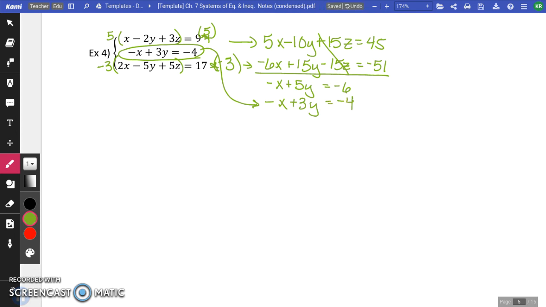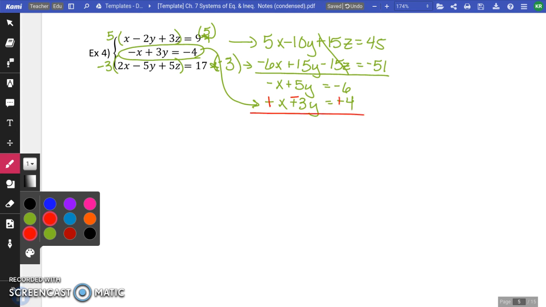From here, I need to get rid of either the x's or the y's. Well, my x's are both negative 1, so I think I will go with the x's. I can just multiply one of these equations by negative 1 by just changing the signs. Now when I add them together, my x's are going to cancel out. I'll have 2y equals negative 2, so y is negative 1.